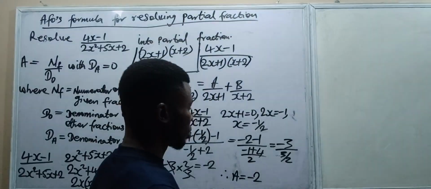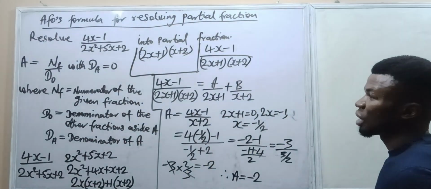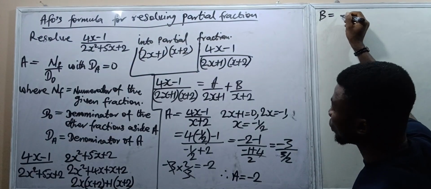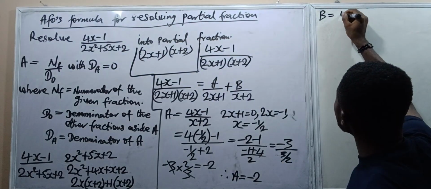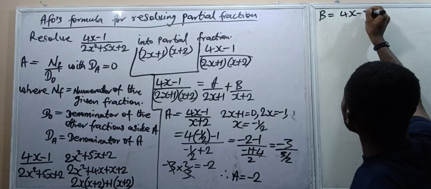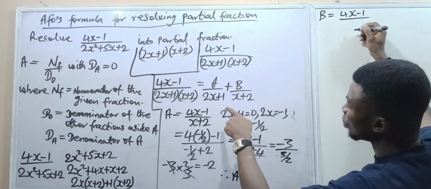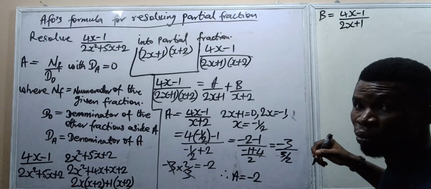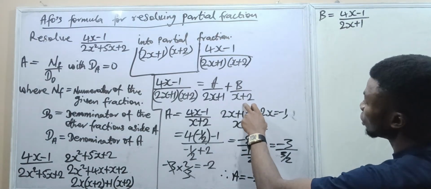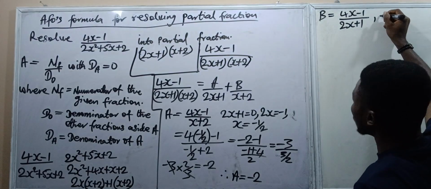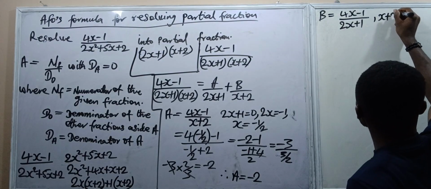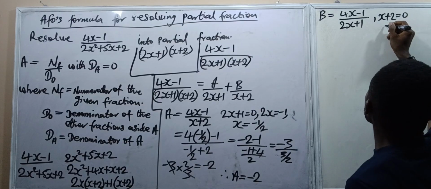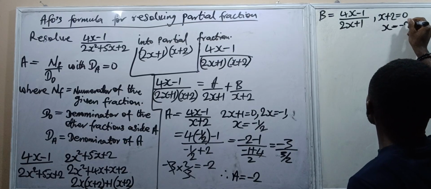Now, let's look for B. Applying the same formula, B will be equal to the numerator of the given fraction, 4x minus 1, all over the denominator of the other one, which is 2x plus 1. Then we equate the denominator of B to 0. That is x plus 2 is equal to 0, which implies that x is equal to minus 2.